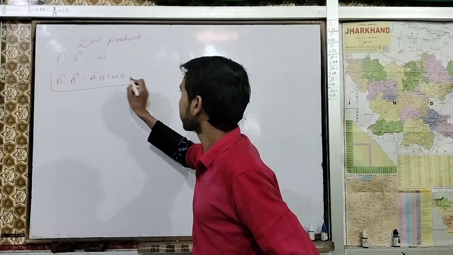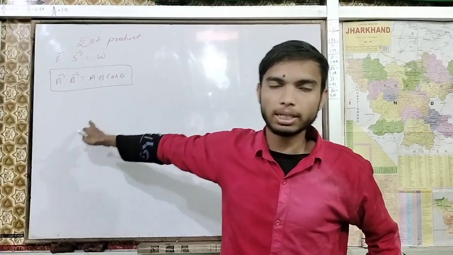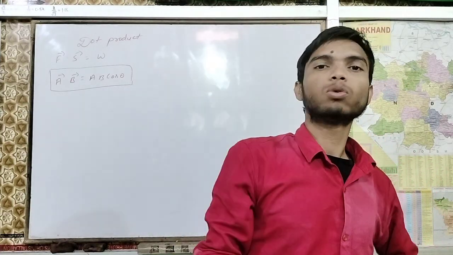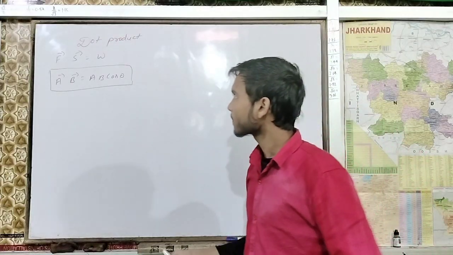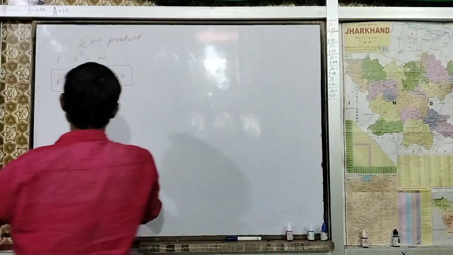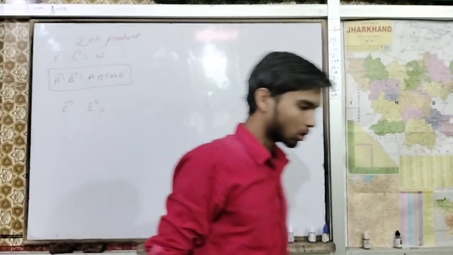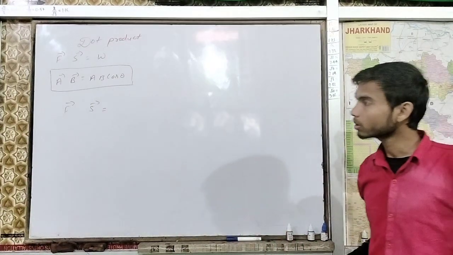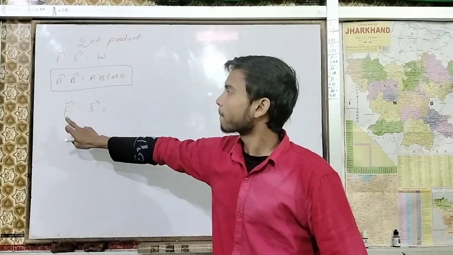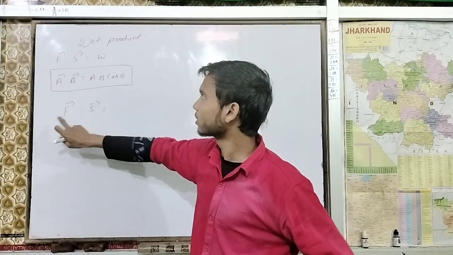This is one thing which will give you logic. What is happening over here? We are multiplying this by this: F vector dot S vector. See over here, the magnitude of this would be what?